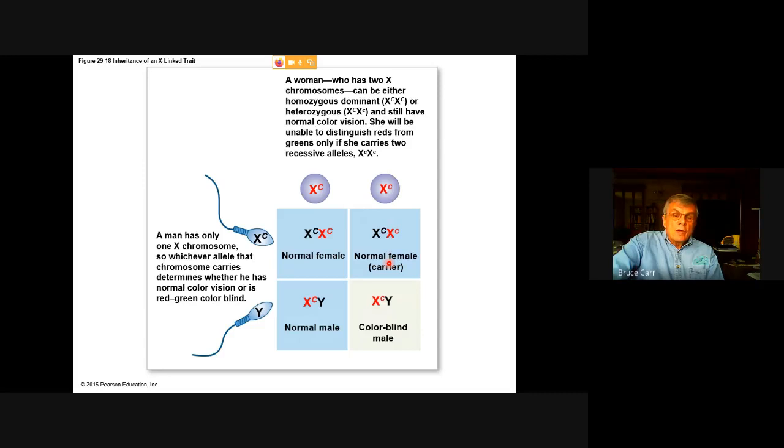Skip a generation. So from this female, she may have had a mother who was a carrier or a father who was colorblind. Let's propose that her father was colorblind and that this X chromosome came from her father.